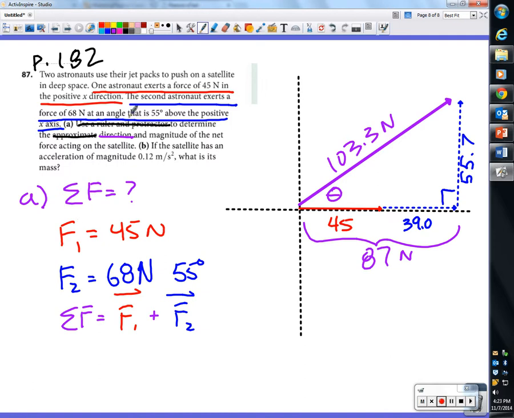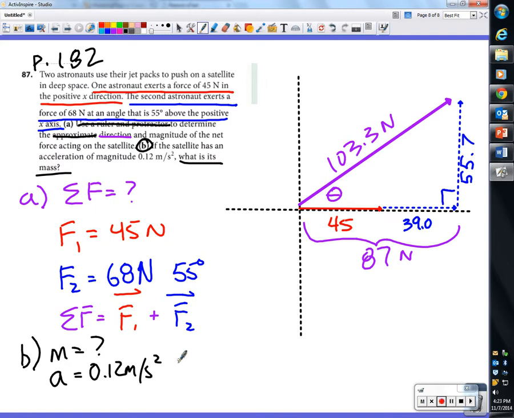So part B is asking us, part B, what is its mass? But it gave us that the acceleration has a magnitude of 0.12 meters per second squared.